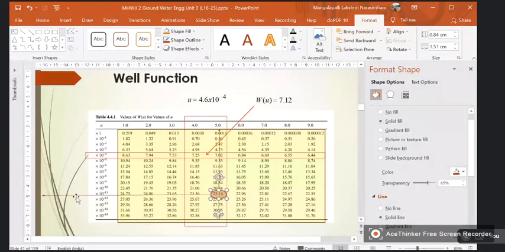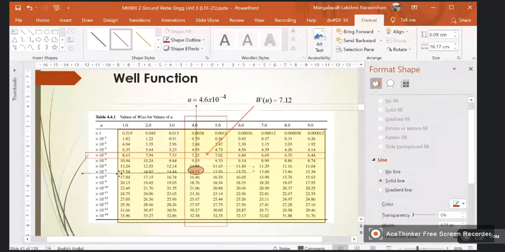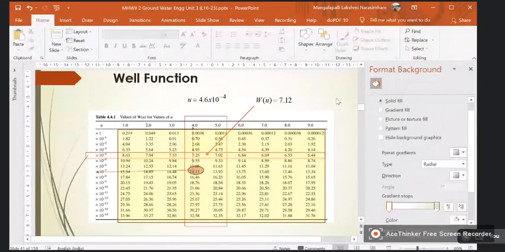Suppose if I consider this, it is 4 into 10 to the power of minus 7. Okay? So, the value which I have now highlighted is for u is equal to 4 into 10 to the power of minus 7.